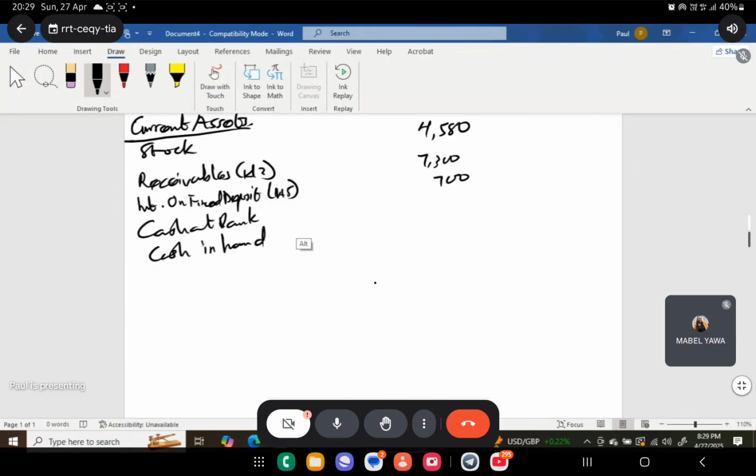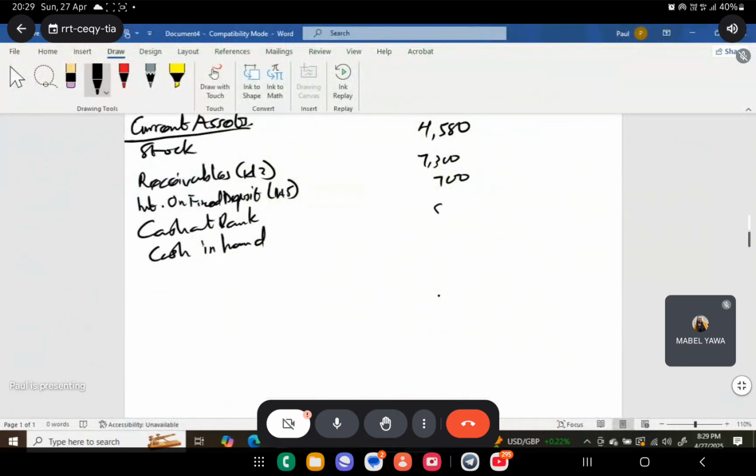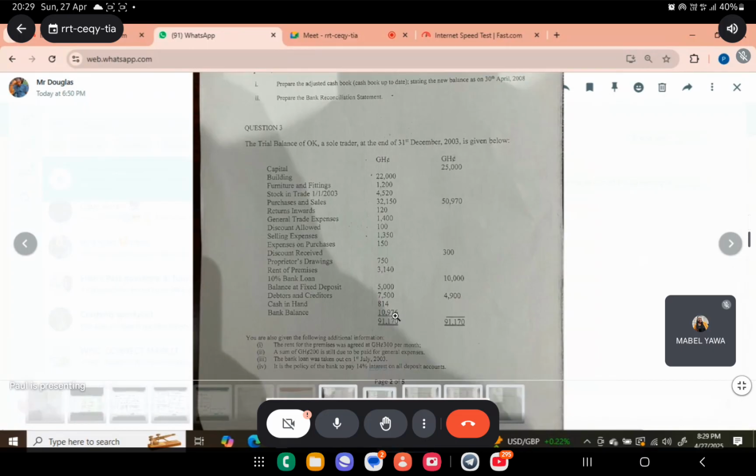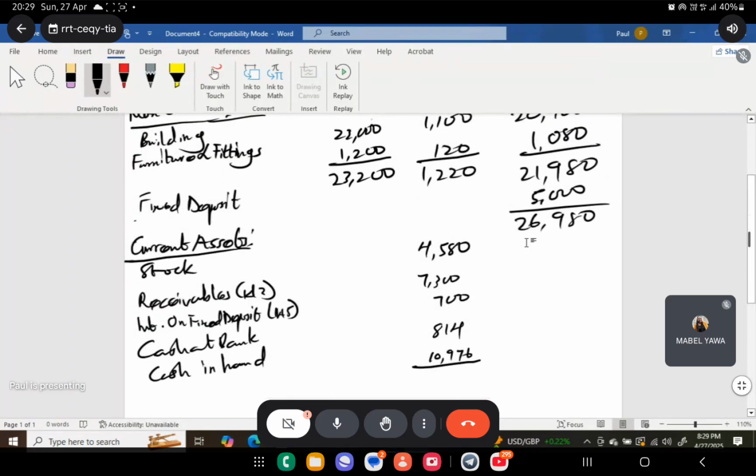So the cash in hand is 814 and the cash at bank is 10,970. So when we add, or I think we are done with our current assets.